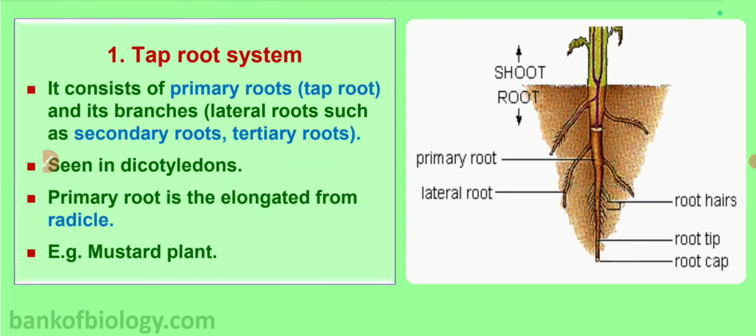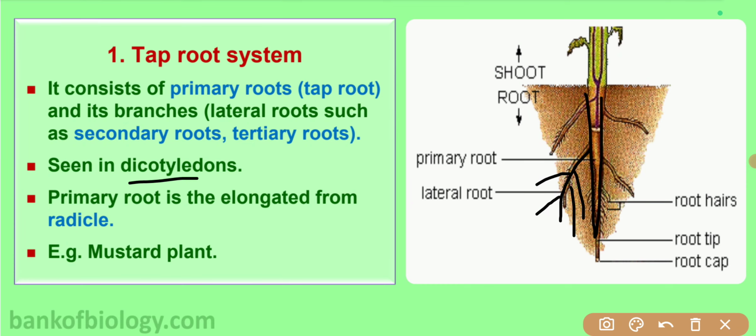As you can see in the diagram, this is the root apex, where you can easily distinguish the primary root or main root, and there are some lateral roots such as secondary roots. Then if there are further branches, these are called tertiary roots. Tap root is mostly seen in dicotyledons, so dicot plants have a tap root system.